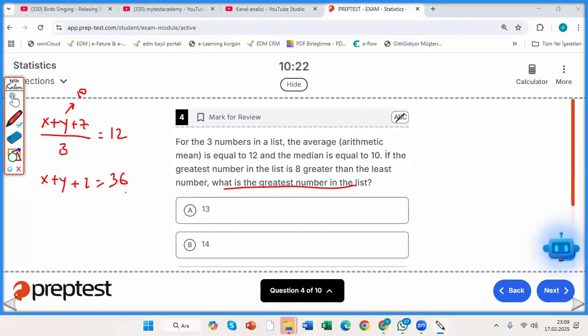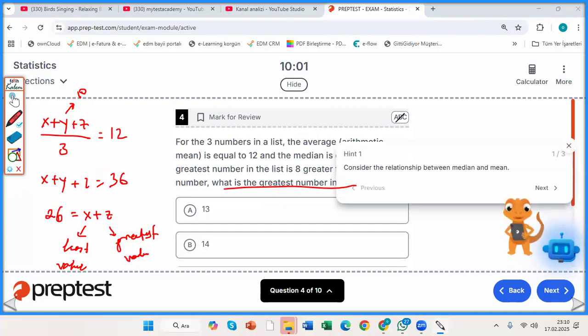So after 10, 26 is the remaining of x plus z, and assume that x is the least value and z is the greatest value.